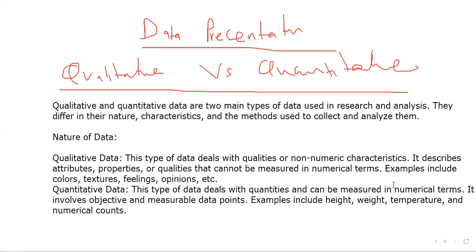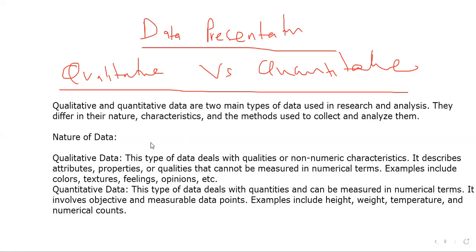It has numeric characteristics that can be measured, and these involve objective measurable data points like height, weight, temperature, and other numerical counts, whereas qualitative data describes properties and qualities that cannot be measured in numerical terms, like the color, the texture, the feelings, the opinions. So that is qualitative data.